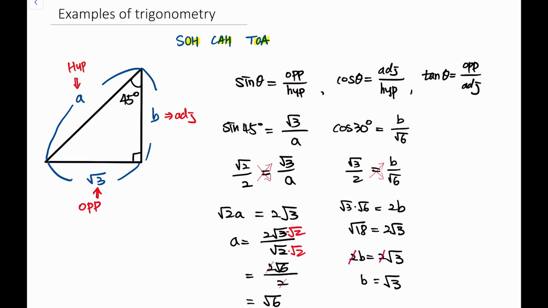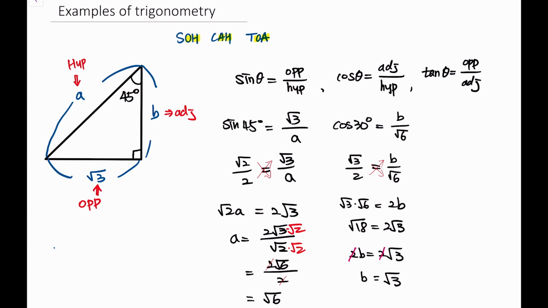We can verify the answer using either the Pythagorean theorem or the tangent ratio, but let's use the Pythagoras theorem again. As this is a right triangle, rad 3 squared plus B squared is equal to the longest side, hypotenuse, squared, A squared, and the calculated A and B values are rad 6 and rad 3.